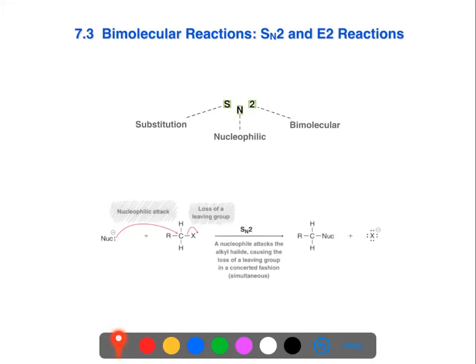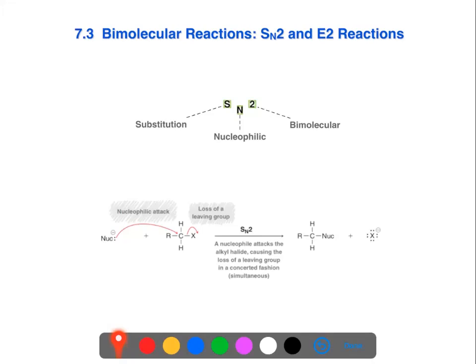And so the two molecules that are interacting in the single transition state involved in this mechanism are the substrate, which is the alkyl halide, and the incoming nucleophile. And so that's where this abbreviation SN2 comes from.